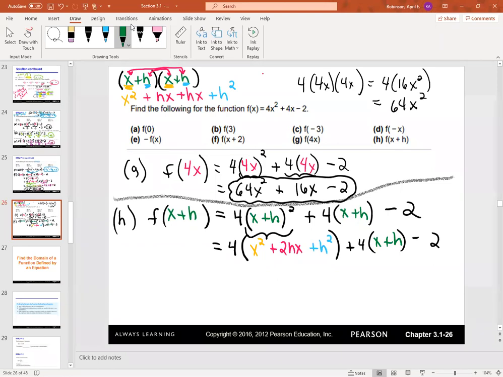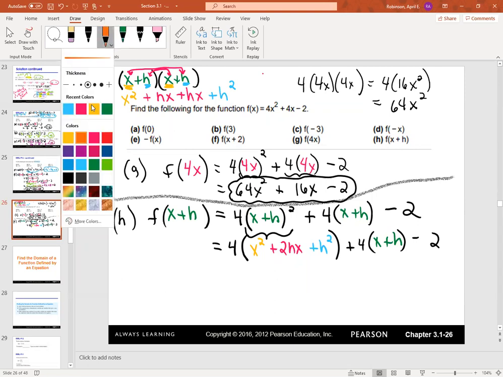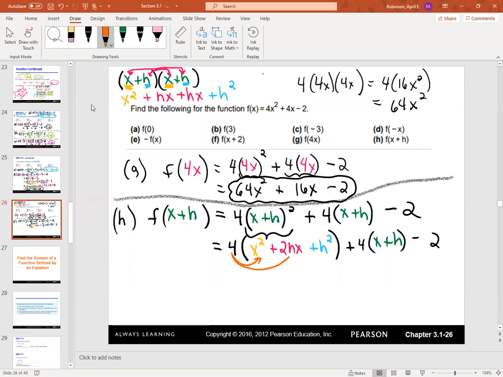All right. That was probably the hardest part, because from this point on, it's just distributing and combining like terms. I'm going to distribute the 4 to all of this.